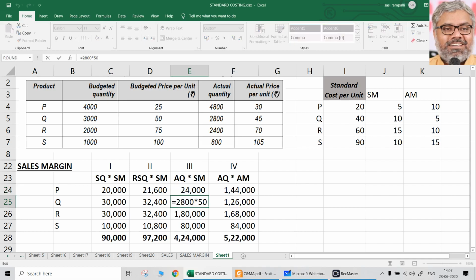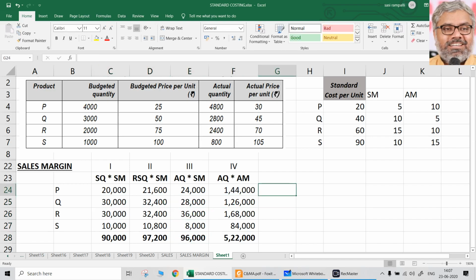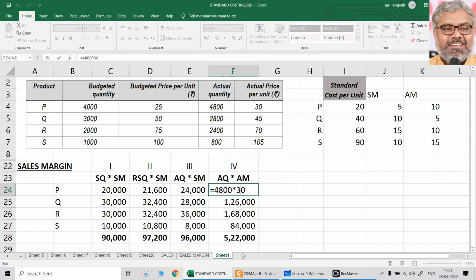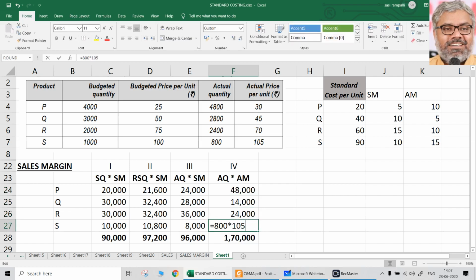Same here also. 5 rupees, 10 rupees, 15 rupees, 10 rupees. Standard margin multiplied with SQ, RSQ and AQ. Actual margin. Actual margin is 10, 5, 10, 15.